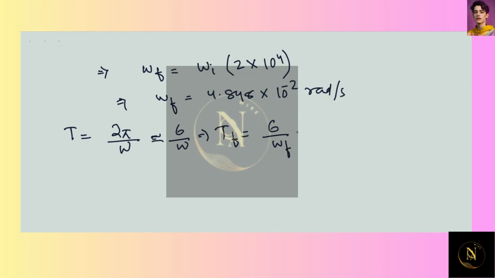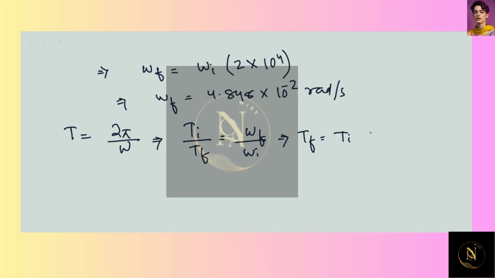Okay, so let me just start again from here. We can write that Ti over Tf is equal to omega f over omega I. This means that Tf is equal to Ti times omega I over omega f.